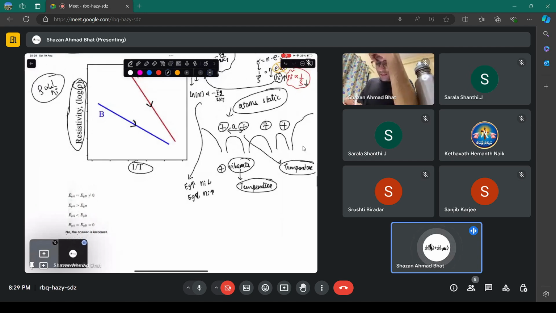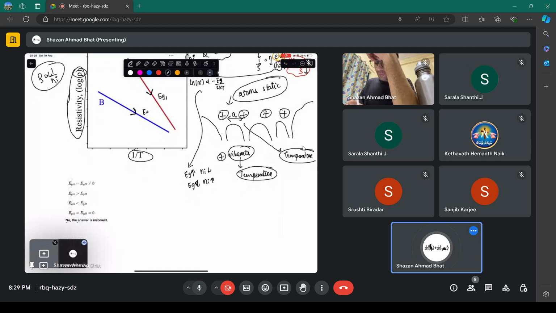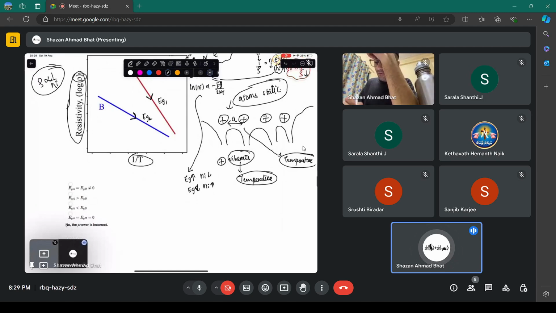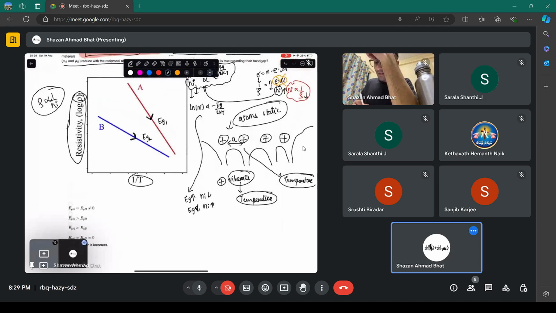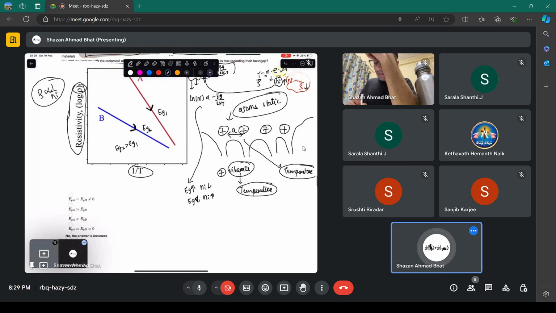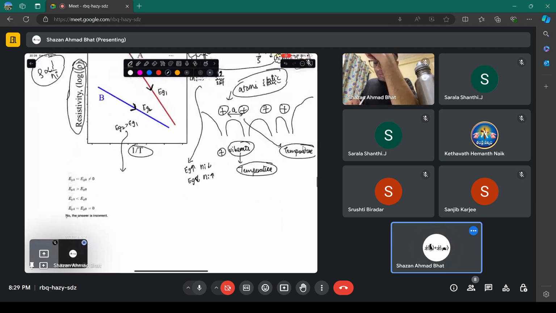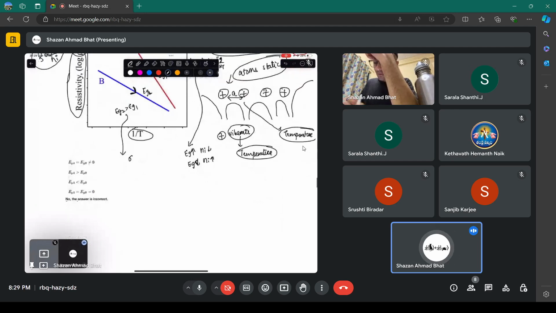Now if this is Eg1, this is Eg2, then you know that if this is more slope, this is less slope, that means Eg2 is greater than Eg1, and it means that, resistivity. If the Eg2 is greater than Eg1, that means the answer of this question is, where is it? EGB is greater than EGA. I hope that's the answer of this question.